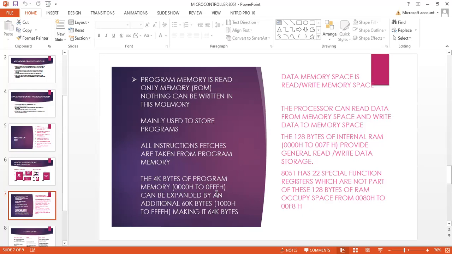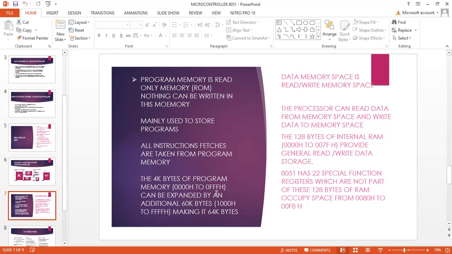Data memory is a read-write memory where the contents can be written or read from, right? So basically it has the total address of 0000 to FFFF. Out of that, 128 byte of RAM is internal RAM. So 0000 to 007F is the address range for your 128 byte of internal RAM, which is used for general read-write data storage.